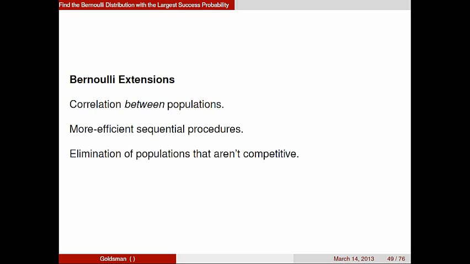Suppose I could correlate between populations. And similar to the paired t-test, that would help. There are some extremely efficient sequential procedures. There's actually an optimal one. And again, eliminate populations that aren't competitive. So if you see that a clinical trial is revealing that your particular drug is just no good, don't use it because you're killing people.